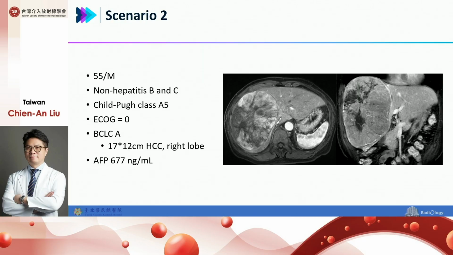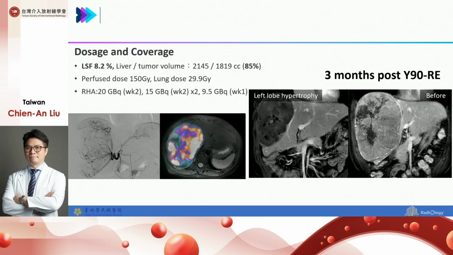I think this is not really a lobectomy because the tumor occupies the whole right lobe. So this is a big tumor. There is a 7.0 centimeter HCC in the right lobe with an AFP level of more than 600. The lung shunt fraction is not so high, it's 8.2. However, due to the big tumor size, we cannot give a very high dose to the tumor.